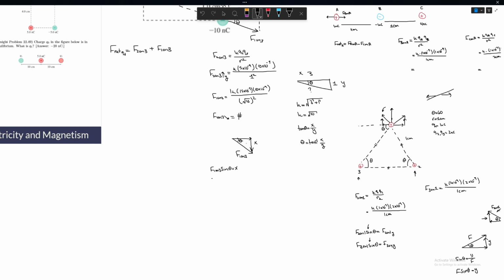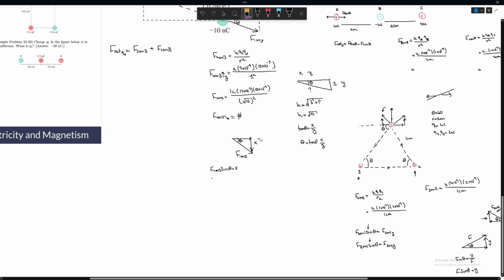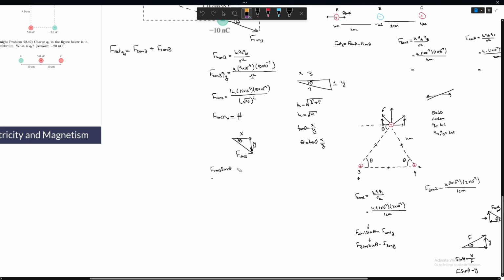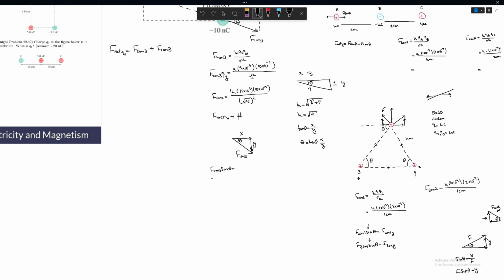Well, I named that x because it's opposite, but it's not necessarily like that. I'm just going to name this my y, but actually, that will mess up a lot of things. It will be confusing. So let's return it back to normal. All right. Now we have consistency at least. Now f1 on 3 times cos theta, that'll give me my x.